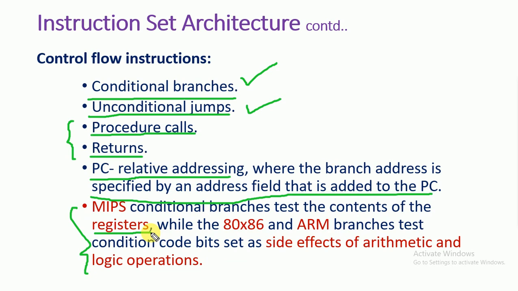But in the case of 80x86 and ARM, the branches test condition code bits set as a side effect of arithmetic and logical operations. So here we are not specifying a register; it will test the condition code bits set as a side effect of an arithmetic or logical operation.